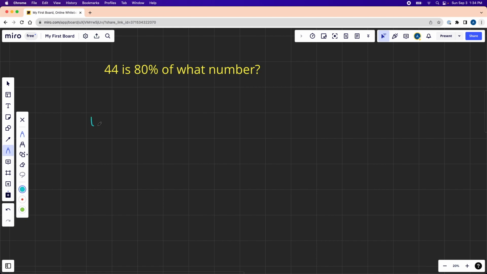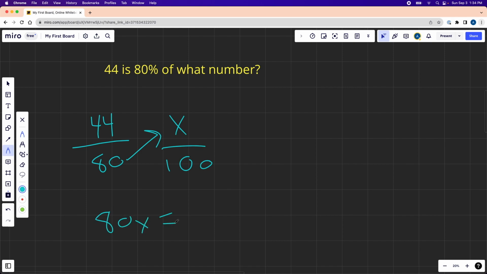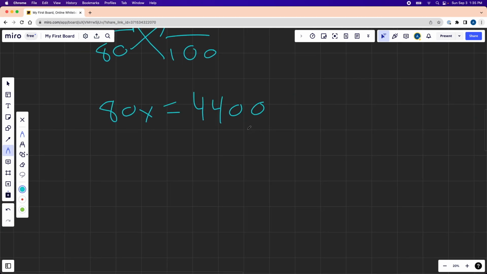So we are going to say 44 is 80% of some number, which is the 100%. So again, we are going to cross multiply here and say 80x equals 100 times 44. That's going to be 4,400. All right, now we need to solve for x.